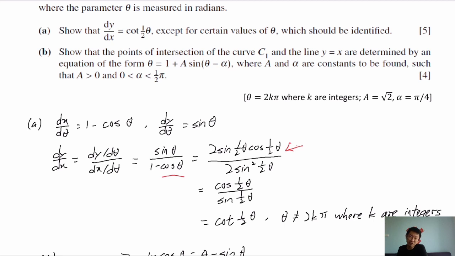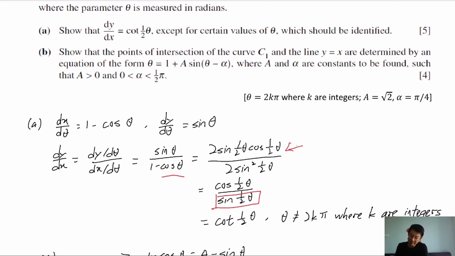And we are supposed to find the values of theta where dy/dx is not defined. In this expression our denominator is sine half theta. Sine equals 0 when we have all the multiples of pi, because when the denominator is 0 the expression cannot be defined.